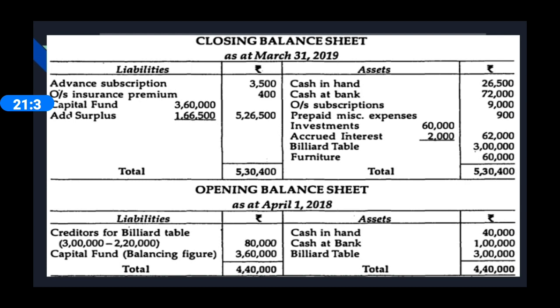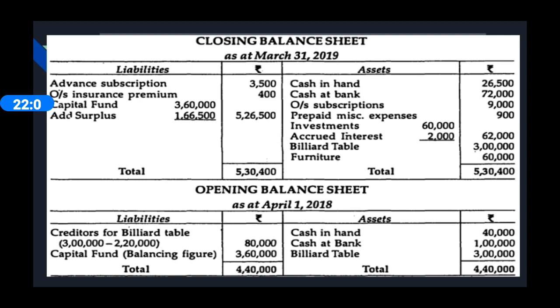So here the opening cash in hand 40,000, opening cash at bank 1 lakh, billiards table which was purchased in the previous year. They have given you in the adjustment, that is billiards table 3 lakh. So previous year's total assets is 4,40,000. That was carried forward to the liability side.